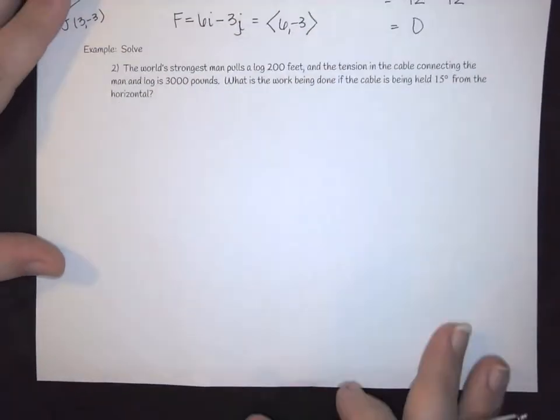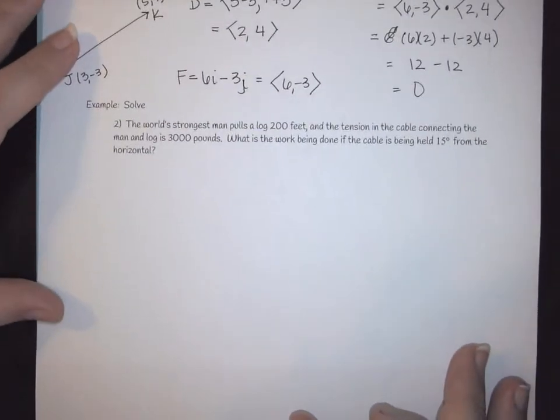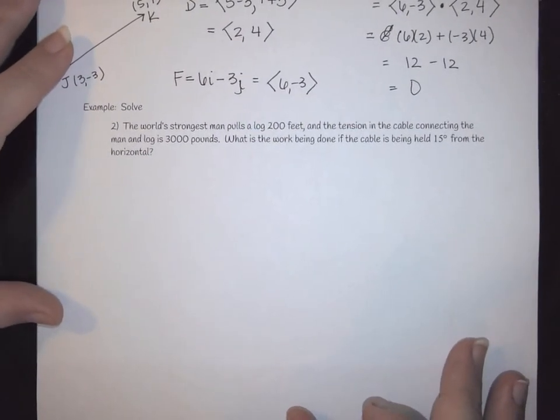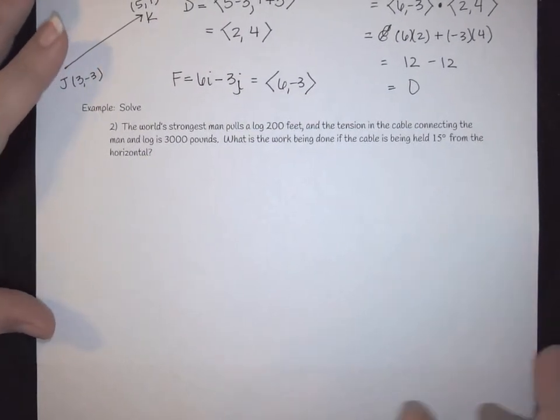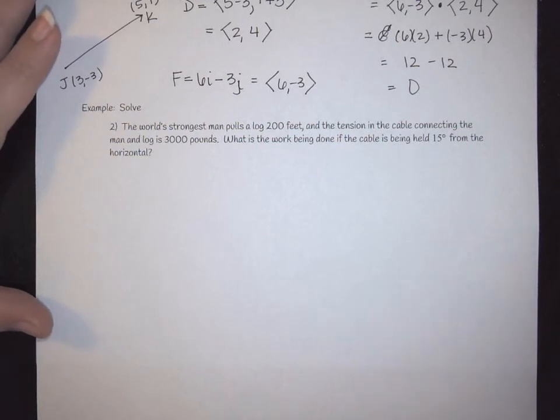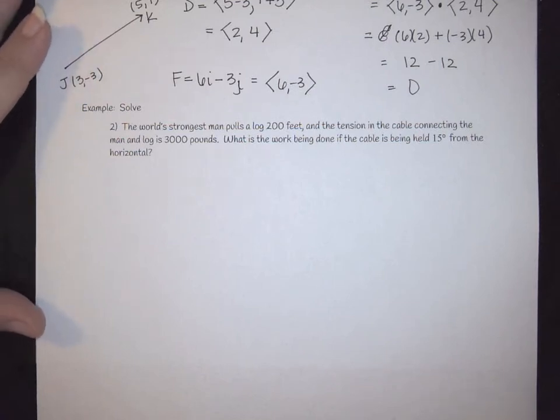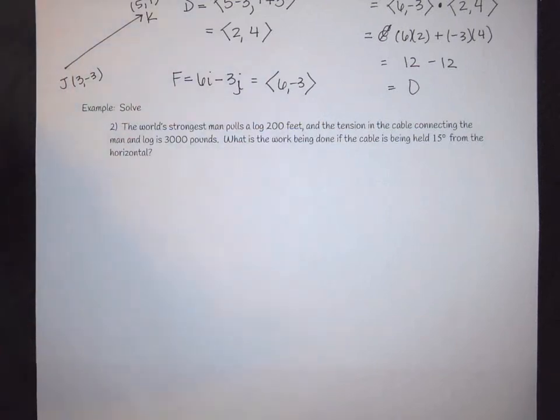Now, the second one says the world's strongest man pulls a log 200 feet, and the tension in the cable connecting the man and log is 3,000 pounds. It says, what is the work being done if the cable is being held 15 degrees from the horizontal? So we have to look at what exactly is going on here.